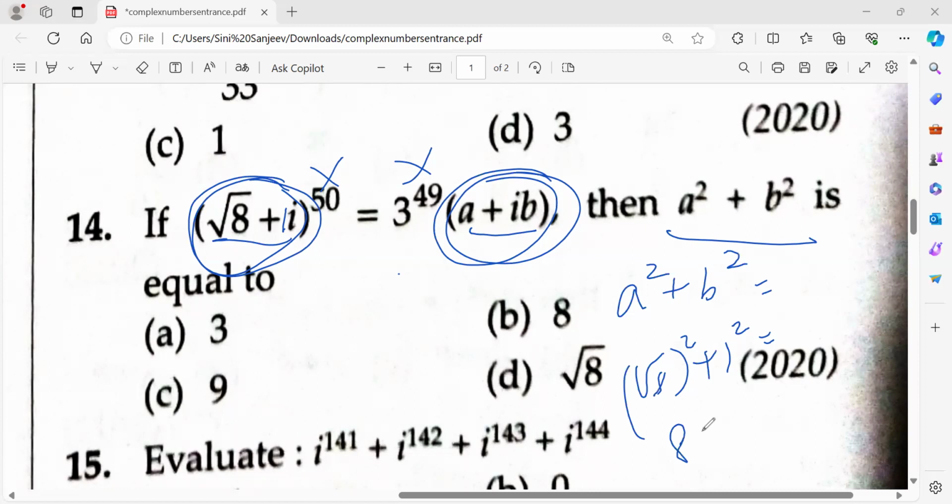Root 8 the whole square is 8. 8 plus 1, what is the answer? 9. So option C. Is it clear? If they're asking you a square plus b square, just square these coefficients. So the answer is 9. Is it clear? So this is the shortcut.